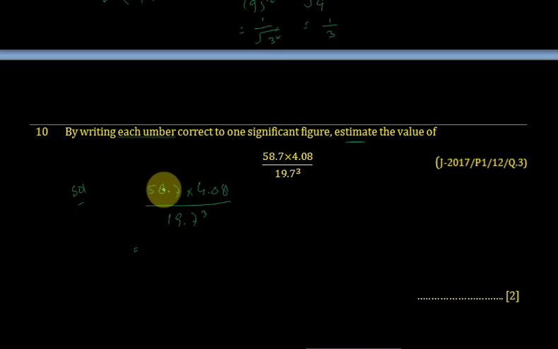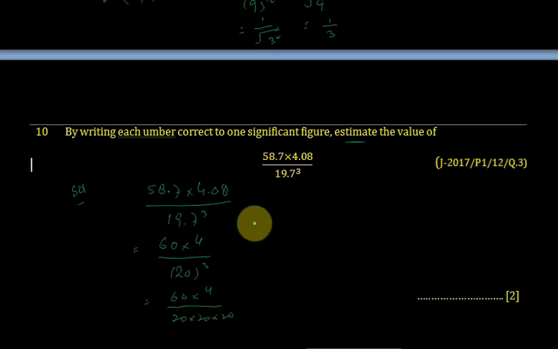So 58.7 can be written as 60, 4.08 can be written as 4, 19.7 can be written as 20 to the power 3. Or we can further simplify it: 60 multiplied by 4 divided by 20 multiplied by 20 multiplied by 20.